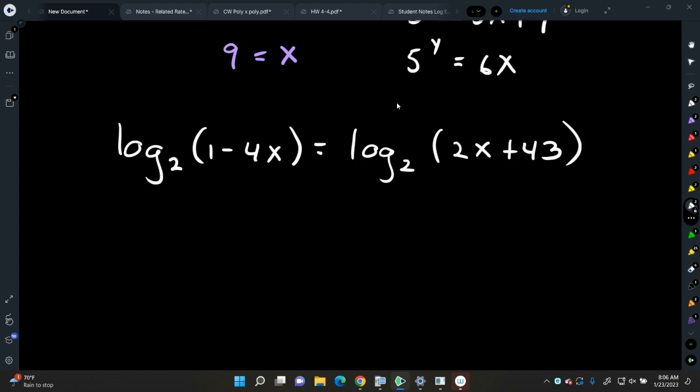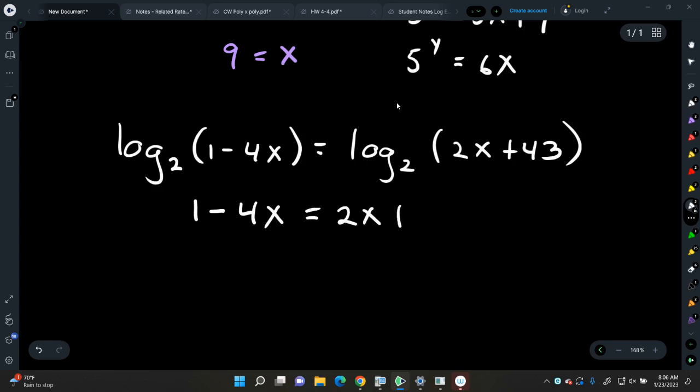It's really this simple. You add 4x and subtract 43. So x equals negative 7.